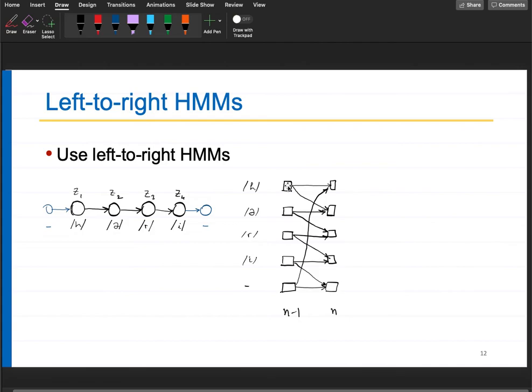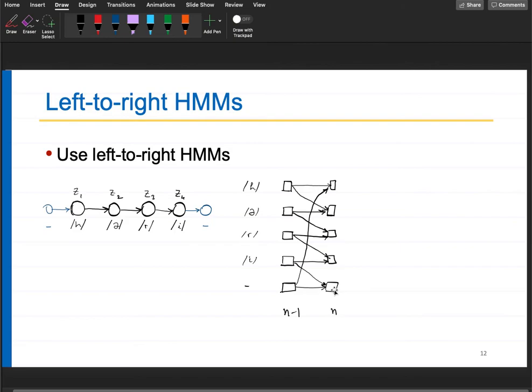So I'll make a model in this way, that from Ha you can either stay on Ha or you can go to A. From A you can either stay on A or go to Ra, but you cannot go to Ha. You cannot go to E. You cannot go to silence. You can go to Ra only or stay on the same state. Similarly with Ra, similarly with E. But since E is my last state, after E I can go to silence, this dummy value of the state, right?